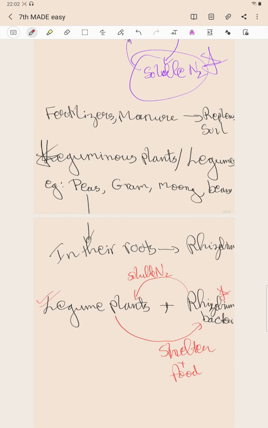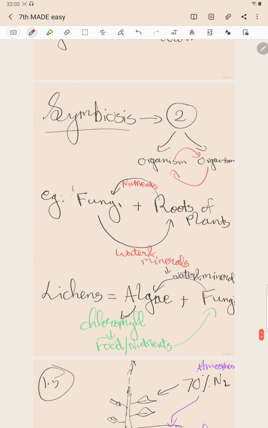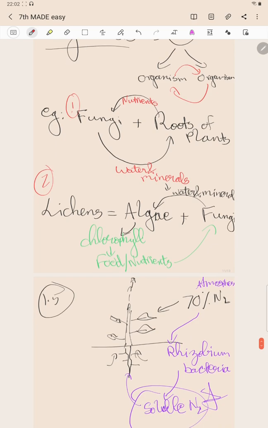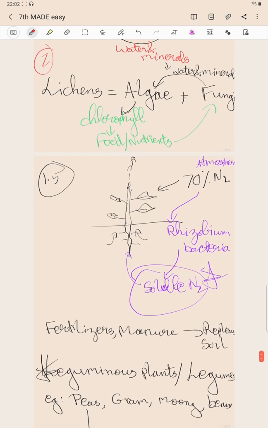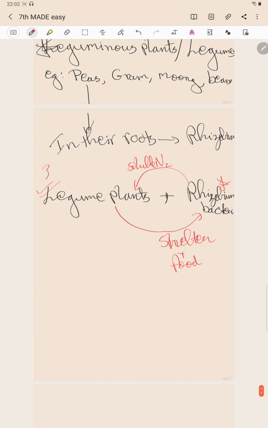So there are 3 examples of symbiotic relationship. First, fungi and roots of plants; second, lichens, which are a symbiotic relationship between algae and fungi; and thirdly, legume plants and Rhizobium bacteria.